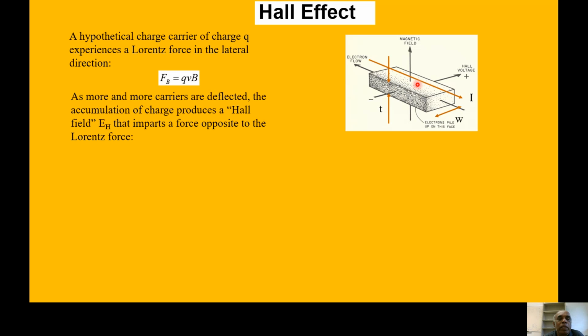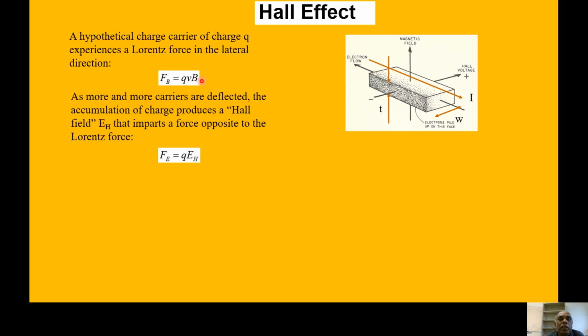That force is given by Q times that Hall field. Like I said, as more and more carriers are deflected, the accumulation of charge produces this Hall field that imparts a force opposite to the Lorentz force. So this is the Hall field E_H. If the charge is Q, then the force is given by the charge times that Hall field.